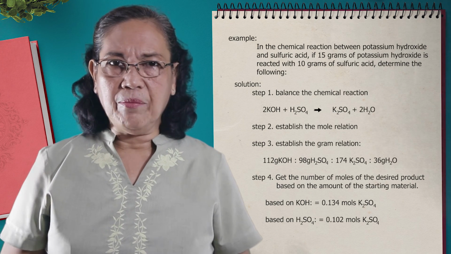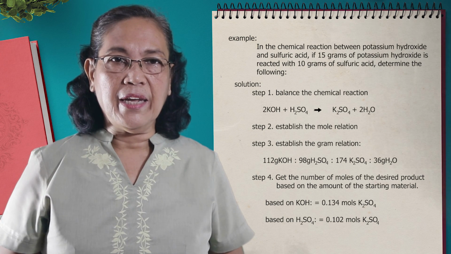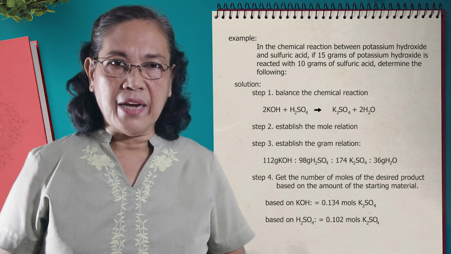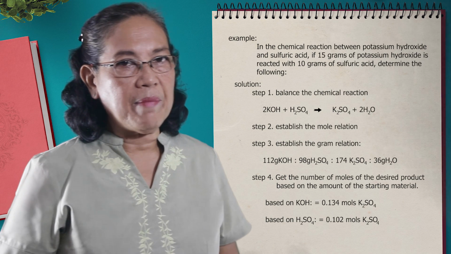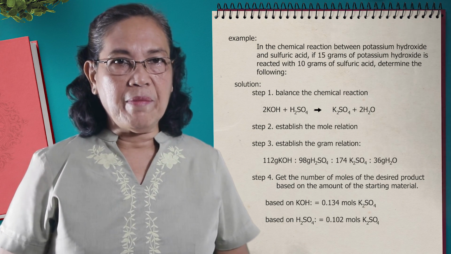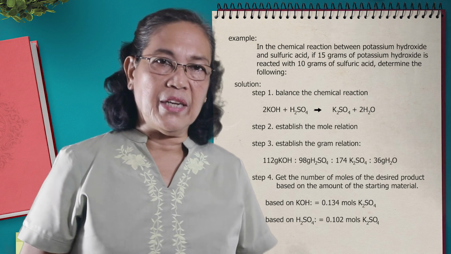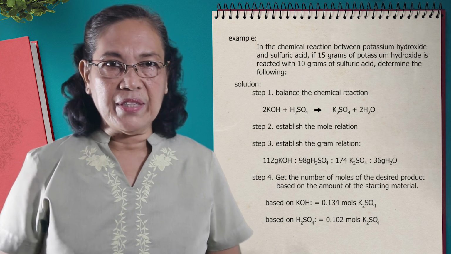So how do you get the molecular mass of potassium hydroxide? That is the atomic mass of potassium plus oxygen plus hydrogen. And we know that the atomic mass of potassium is 39 and atomic mass of oxygen is 16 and that of hydrogen is 1. So that there will be a total of 56.